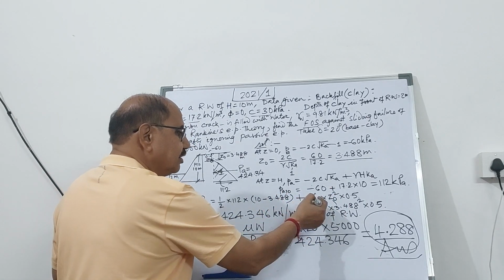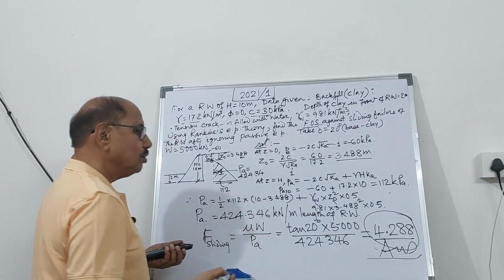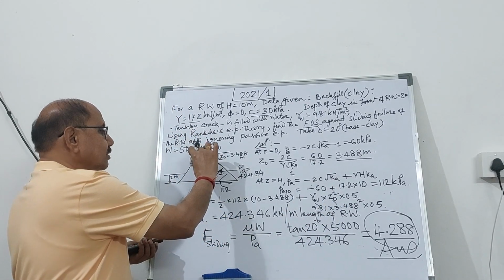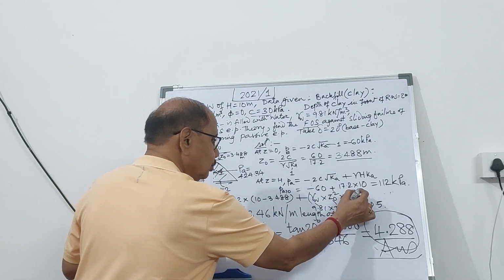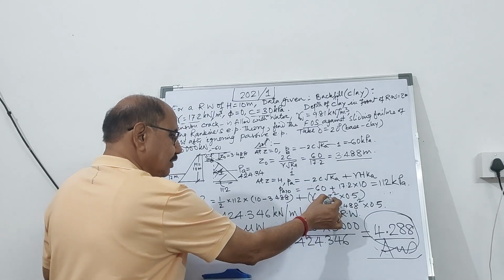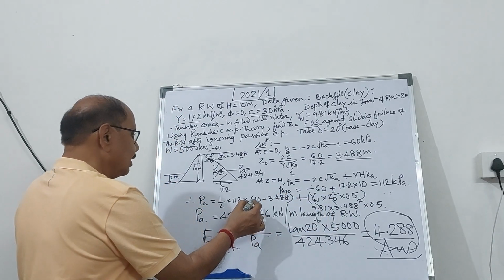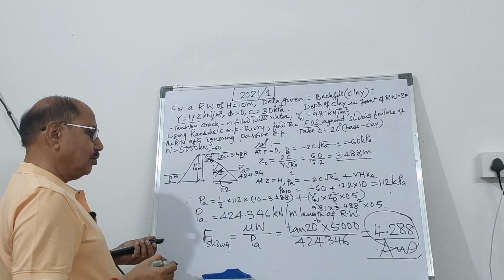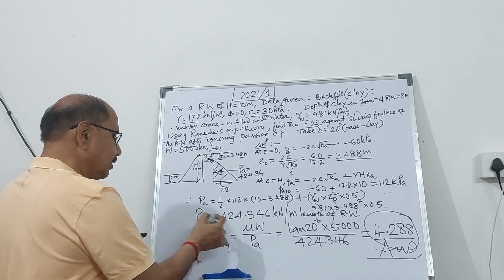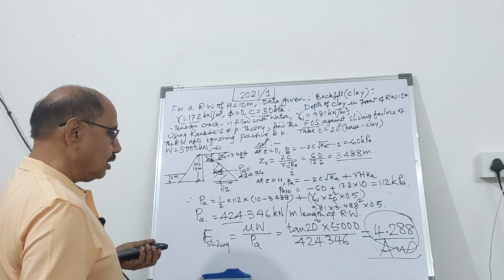It will be half gamma W Z naught square. So water is filled up in this zone, and the pressure due to water in the tension crack is this part, and the remaining due to overburden you have already calculated. So the sum total is 424.34.